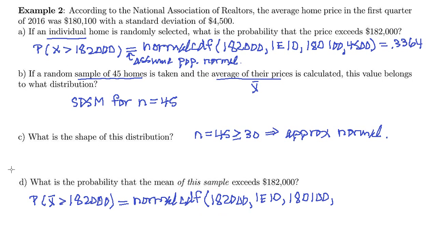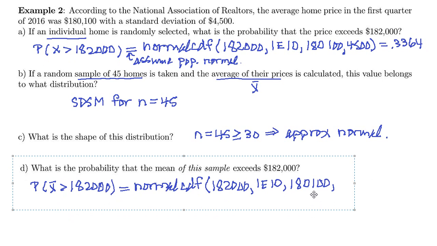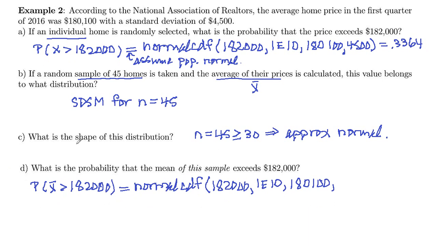Remember that the mean of the sampling distribution is the same as the mean of the population, which is 180,100. But then the standard deviation of the sampling distribution, sigma x bar, is sigma over root n.